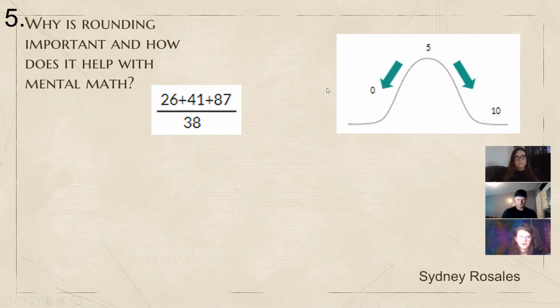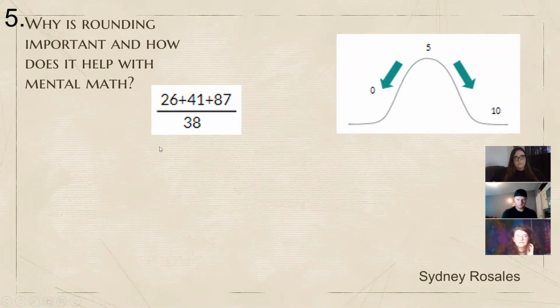And so with our problem, 26 plus 41 plus 87 divided by 38, we need to start rounding the numbers. So 26 would round to 30, and 41 would round down to 40, and then 87 would round up to 90, and 38 would go ahead and round up as well to 40.